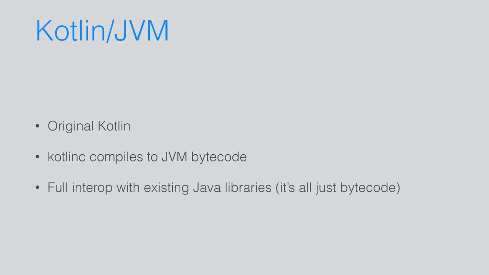The idea was a language that is a bit more modern than Java, but compiles to JVM bytecode. Kotlinc is the compiler, and it compiles down to JVM bytecode. What's nice about that is it gives you full two-way interop with existing Java libraries, since at the end of the day, it's all just bytecode.